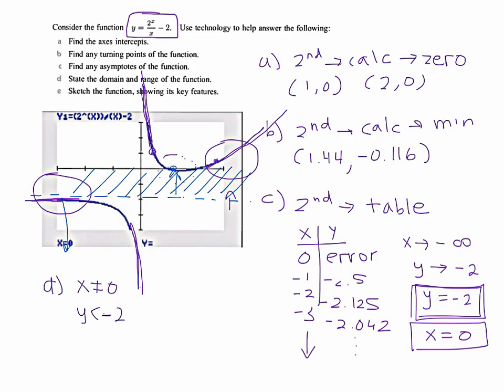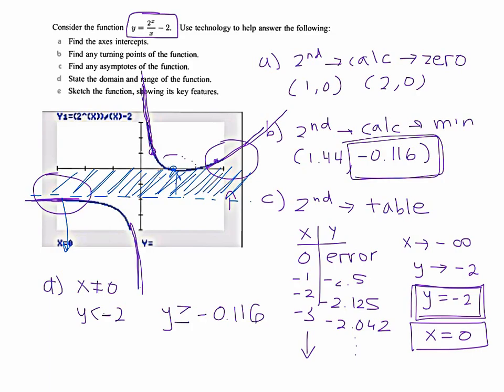Therefore, y value must be greater than or equal to our minimum that we found, -0.116. So by setting it this way, we're not including the zone of the blue where the graph is not passing through at all. Alright, that was a little tricky, but be careful when you do these types of questions.